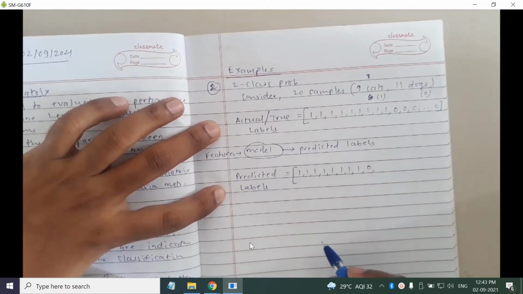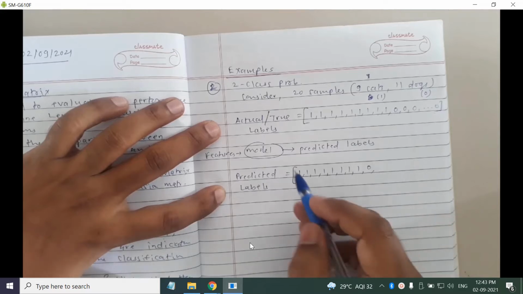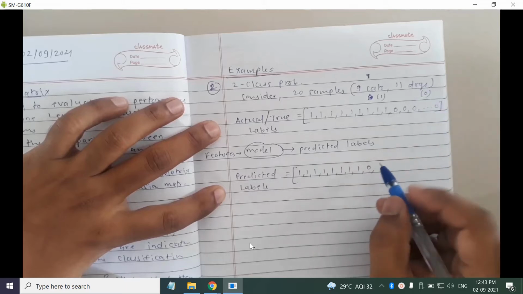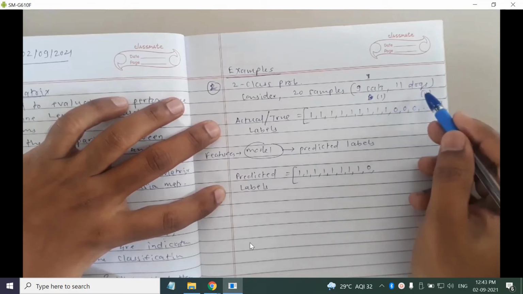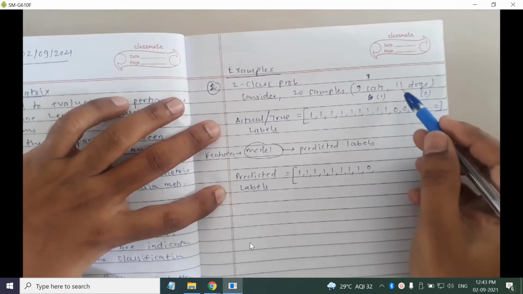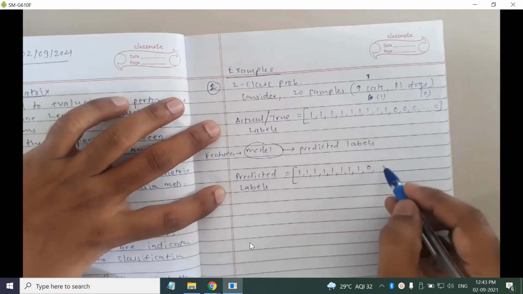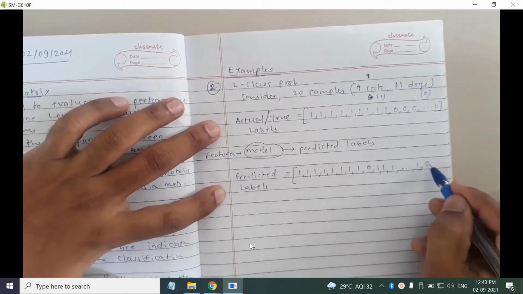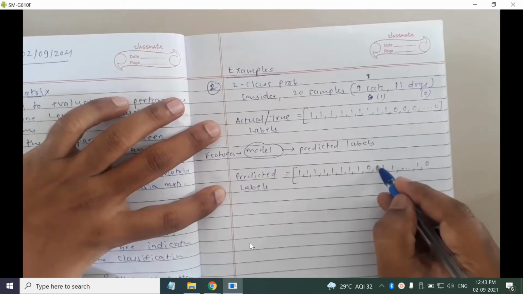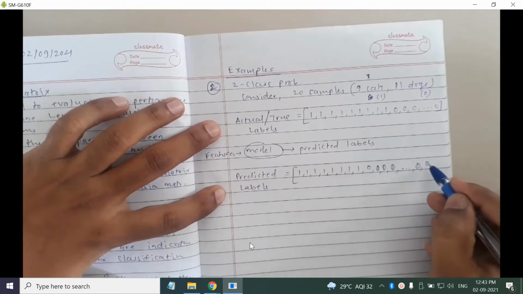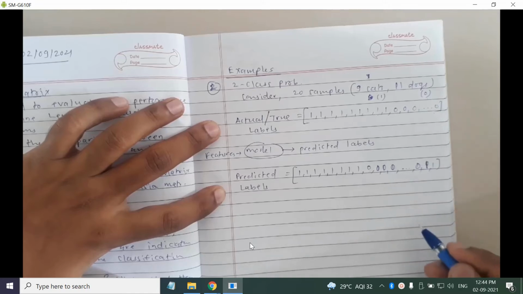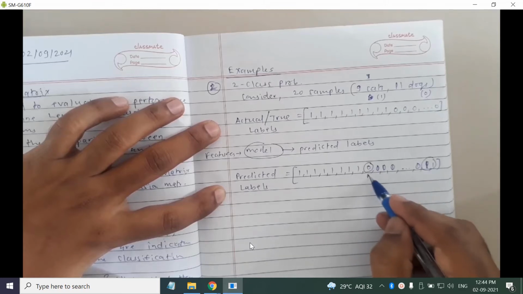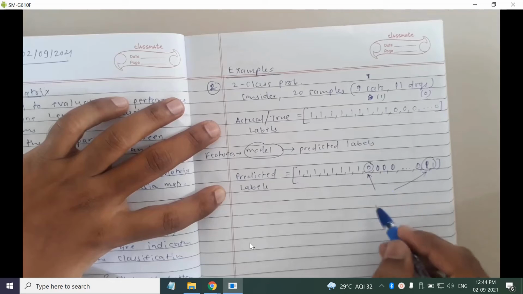One is misclassified; for 1 cat our model is saying it is a dog, so we'll get 0, because for dog we have 0. Then consider that out of 11 dogs, it is able to correctly classify 9 dogs. So we will have 9 zeros and 2 ones. This 0 and these ones represent errors or misclassifications.